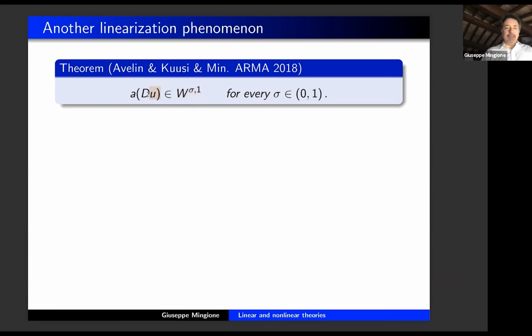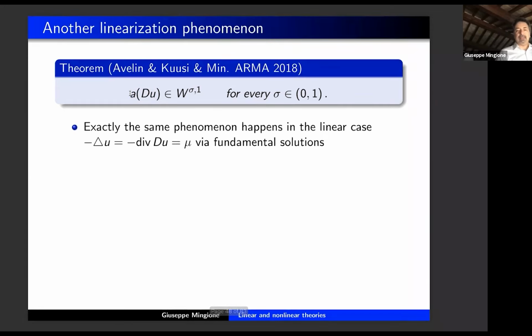So why do we formulate this result in this case using this vector field? Because the equation is degenerate. So if you look at the whole vector field, this compensates the degeneration of the equation. So in a sense, this is the same phenomenon that happens in the linear case via fundamental solutions.